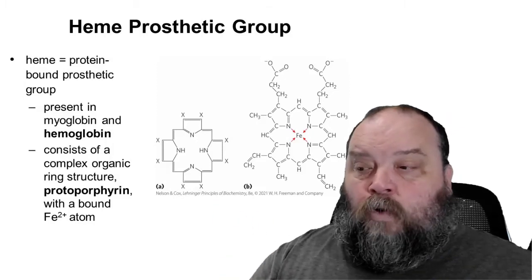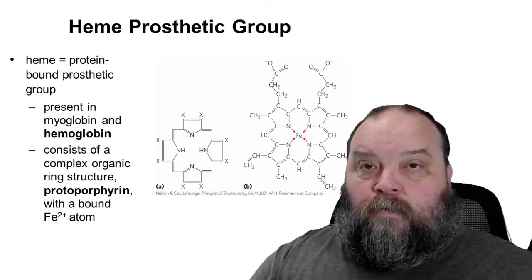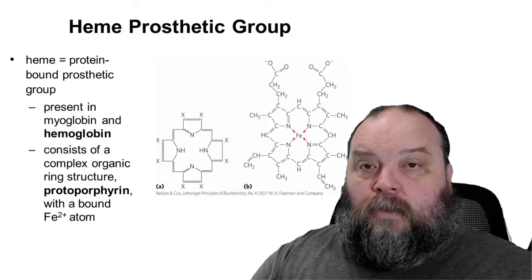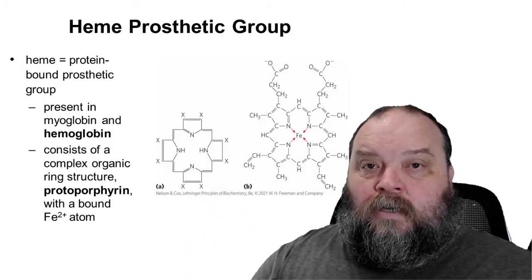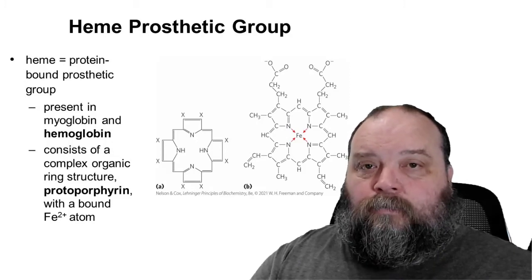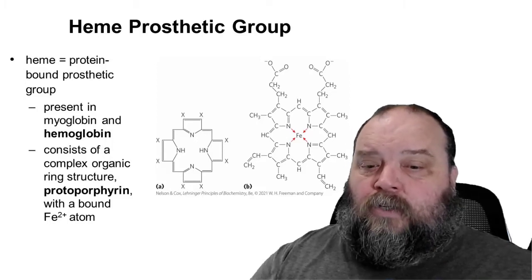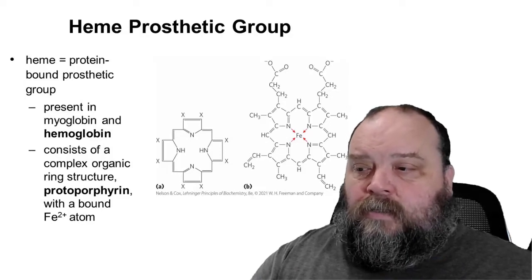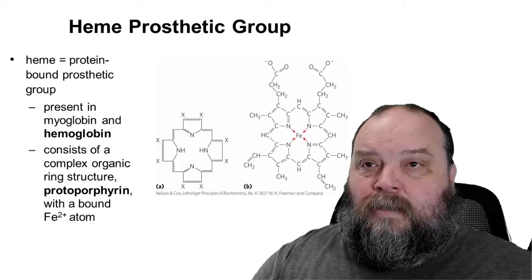These are porphyrin rings. The one to the left, a protoporphyrin, gives you a base structure. You see all those nitrogens there in the center. All those nitrogens are what hold the iron atom that will ultimately interact with oxygen.